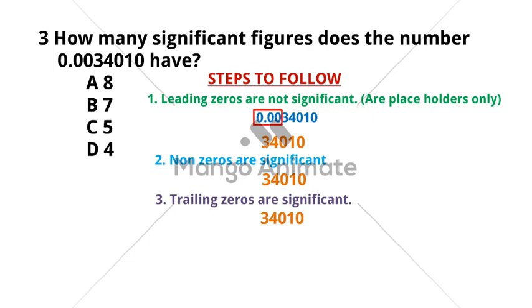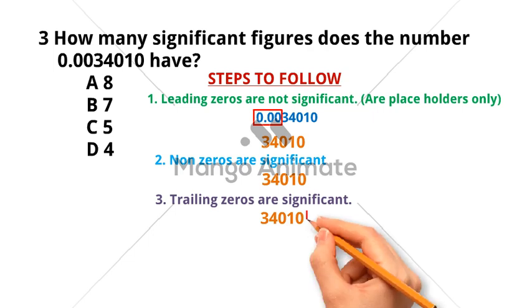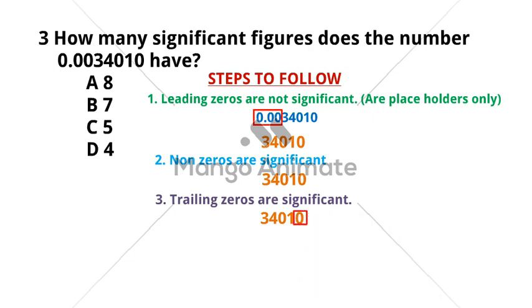We are remaining with 34010. When we talk about trailing zeros, we mean this 0. So this 0 is also significant, and I'm not going to take it away. That means we have remained with the same number that has 5 significant figures.